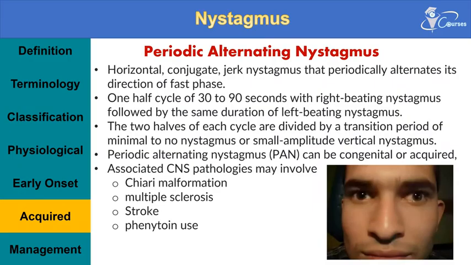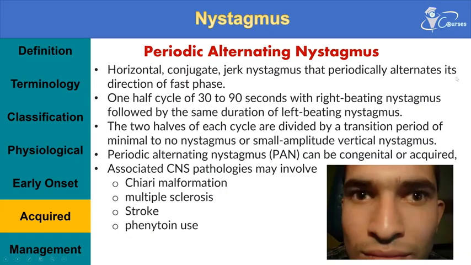Another form of acquired nystagmus is the periodic alternating nystagmus. It is a horizontal conjugate jerk nystagmus that is rare, but has a very specific character. It is periodic alternating, meaning that it will beat in one direction for a certain duration, then slow, then beat into the other direction for another duration.